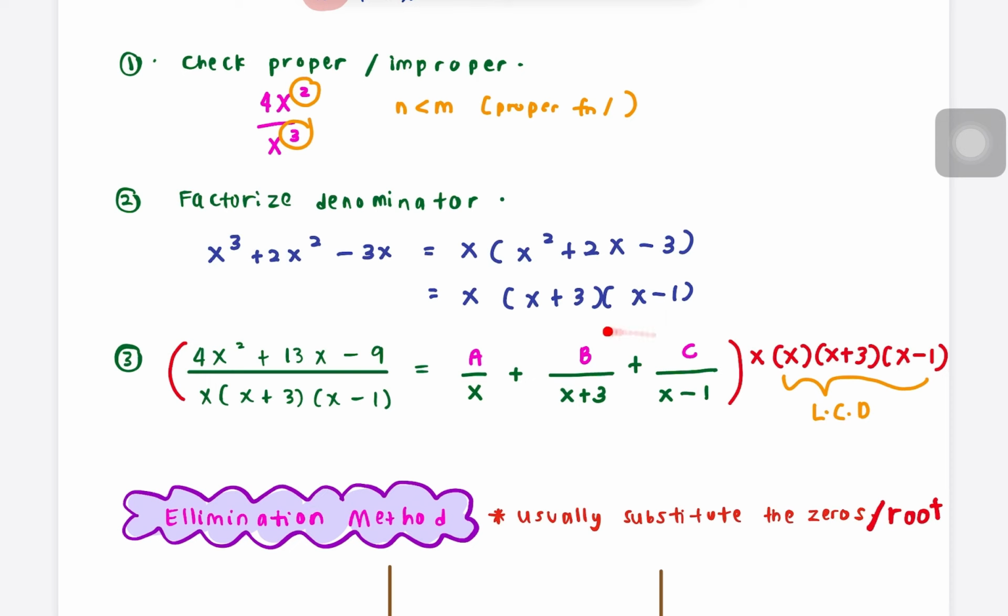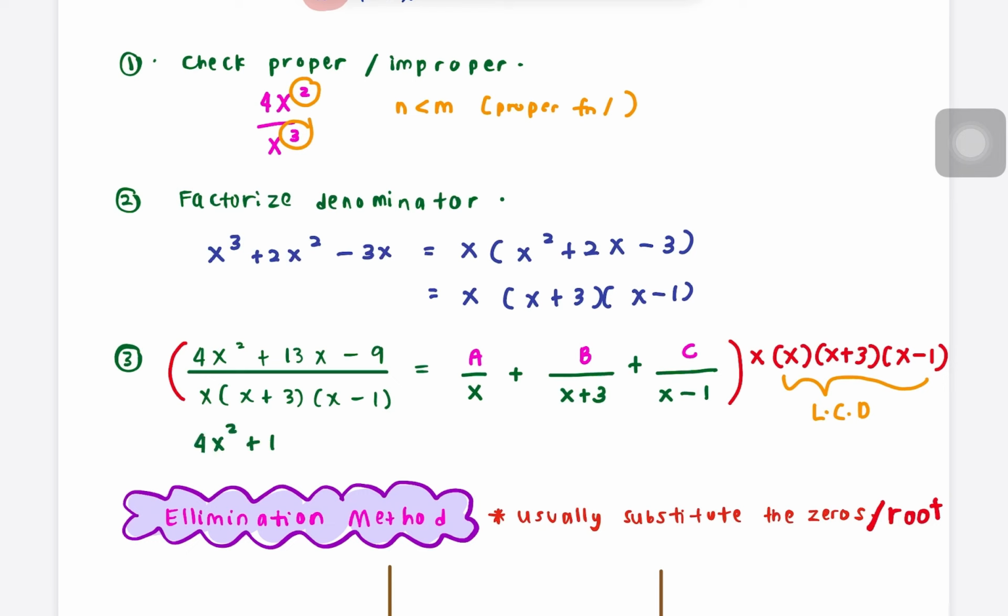parts. Okay. So starting from the left side here, if you multiply this whole fraction with x, x plus 3 and x minus 1, you can just cancel out everything. So left only your numerator: 4x squared plus 13x minus 9. No more denominator.